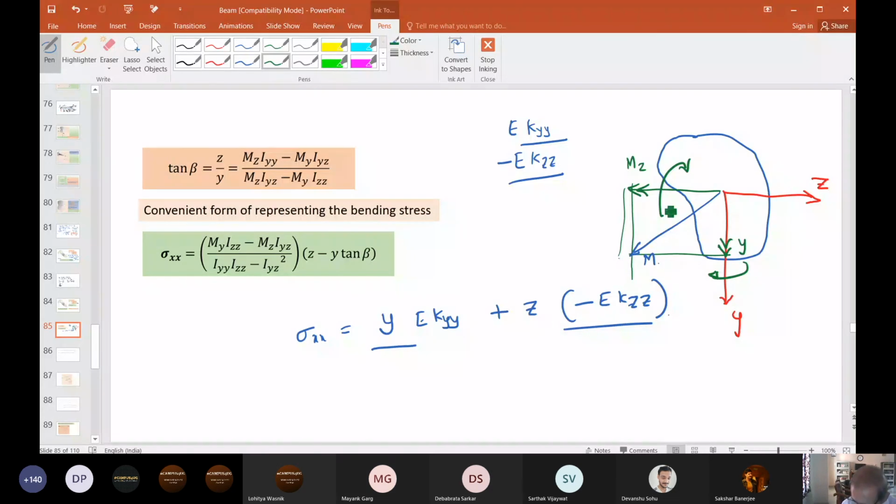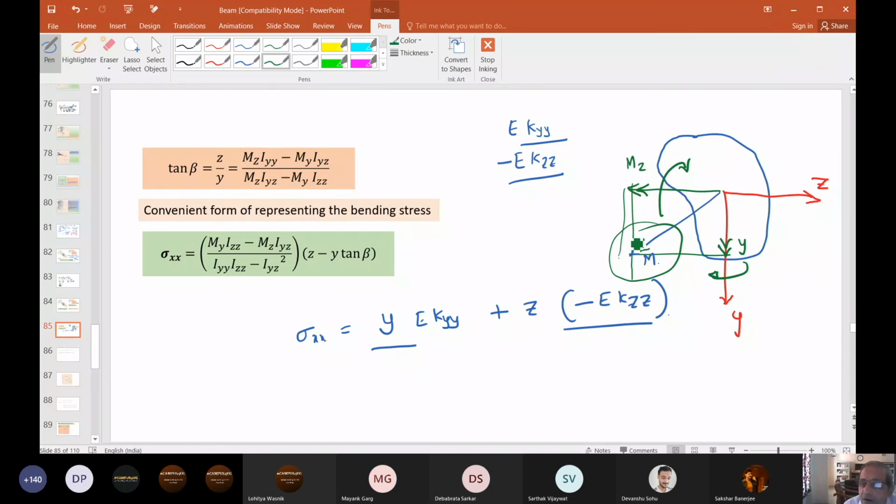Because M is not about any one of the axes. M is in a general direction, so naturally a double arrow. But to simplify my analysis, I took the component along the Y axis and the component along the Z axis.